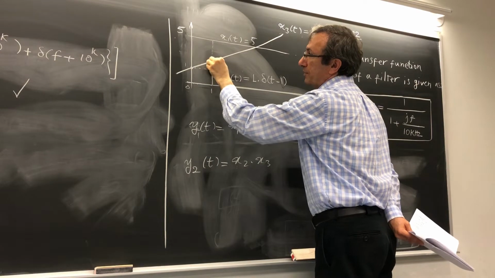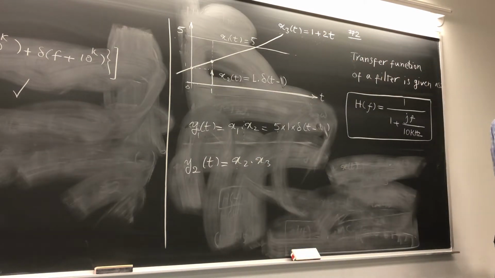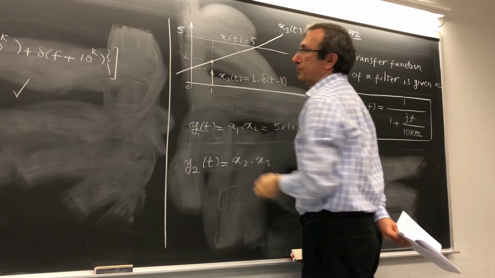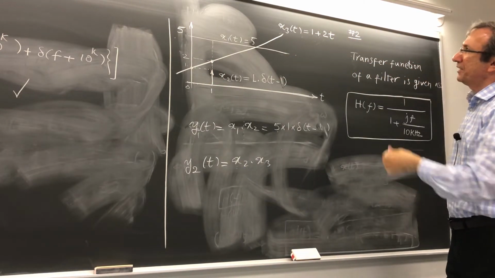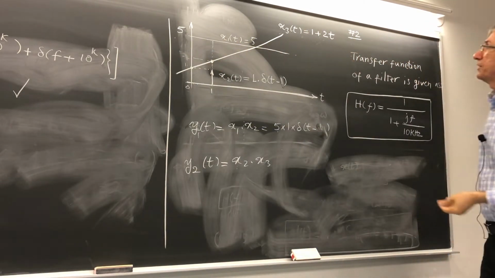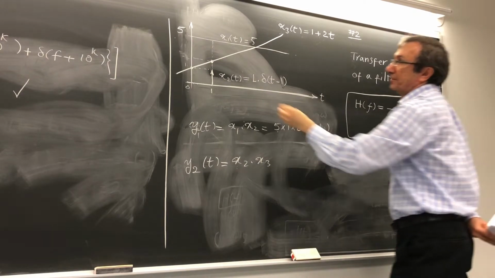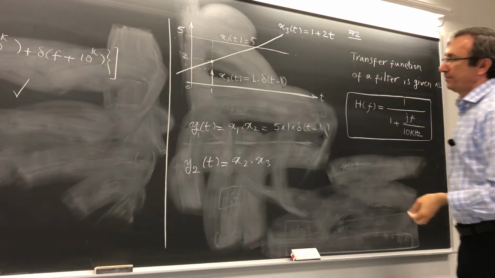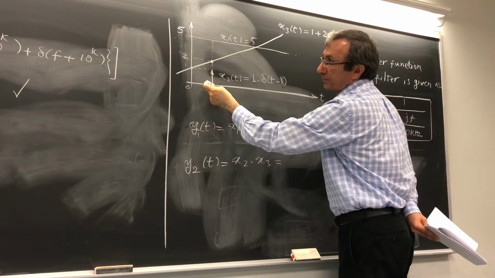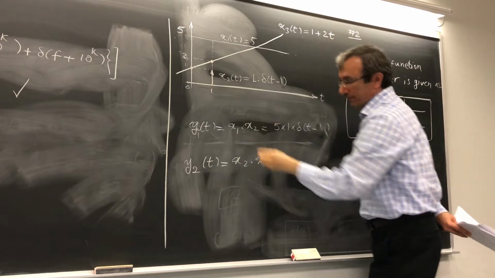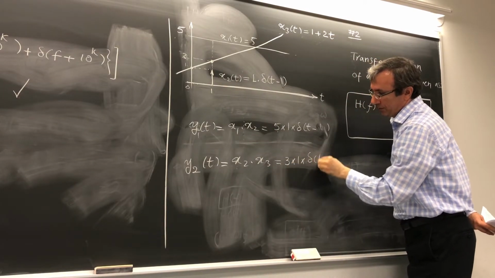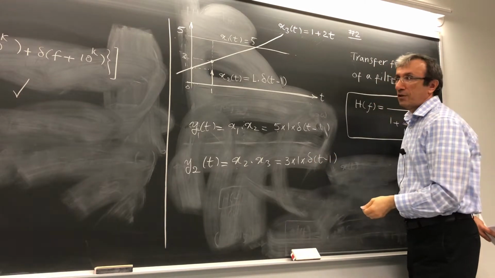At t equals 1, x3 would be, for instance, how much? It's not to scale here. At t equals 1, it's going to be 3, right? So we're going to have an impulse function with amplitude 3 times 1 times delta of t minus 1.